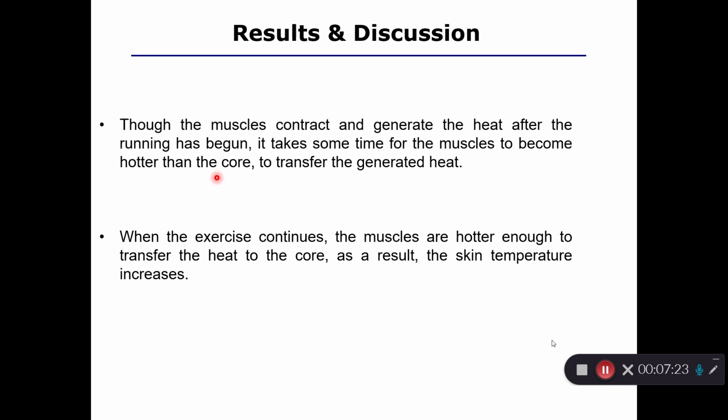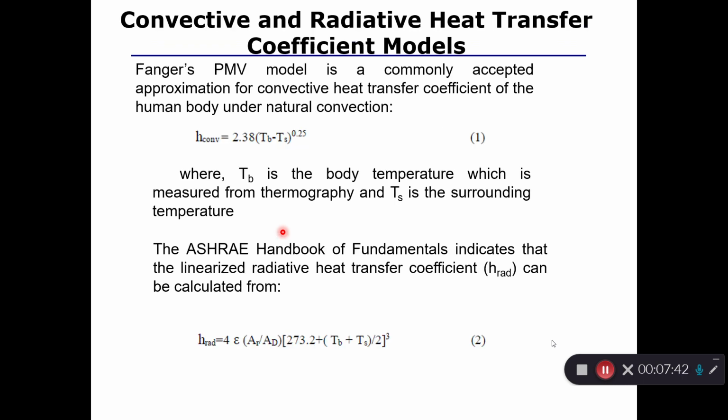So it takes some time for achieving the temperature gradient. When the exercise continues, the muscles are hot enough to transfer the heat to the core. As a result, the skin temperature increases. That's the reason we have the initial decrease in the temperature of those parts.